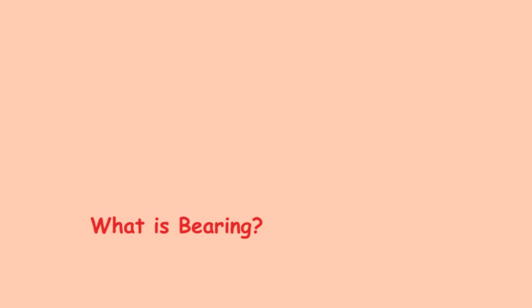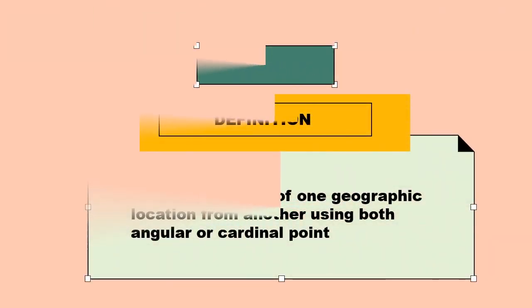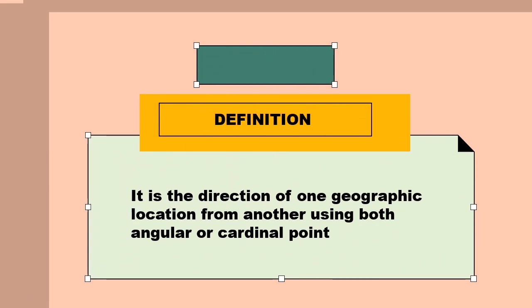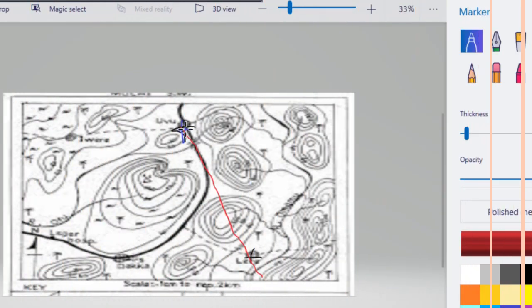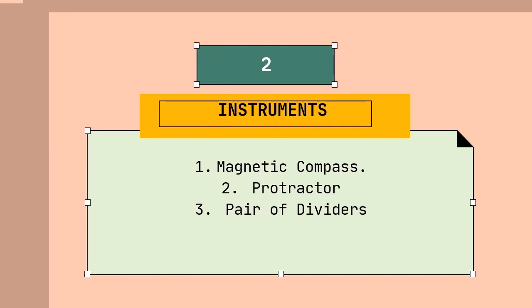Geographically, what is bearing? Bearing is the mathematical direction of one place from another, or the mathematical or angular direction of a place in relation to another. This direction can be worked out using a pair of dividers, a protractor, and a magnetic compass.